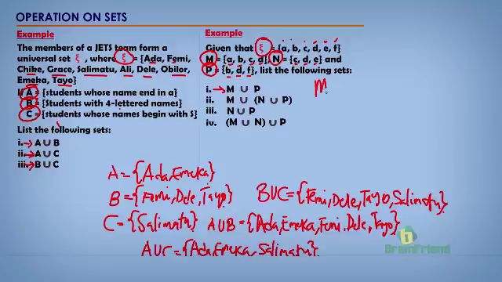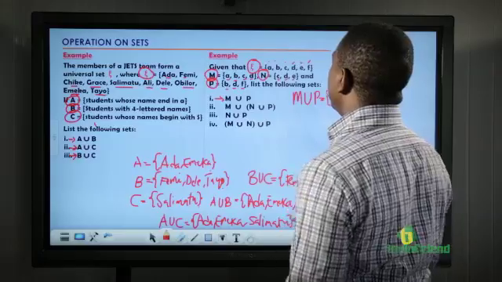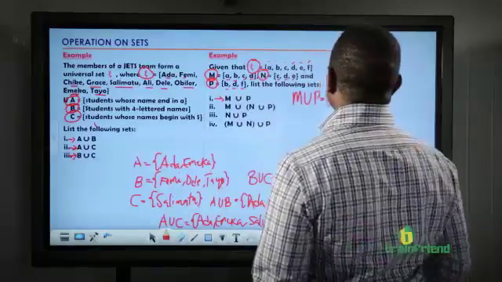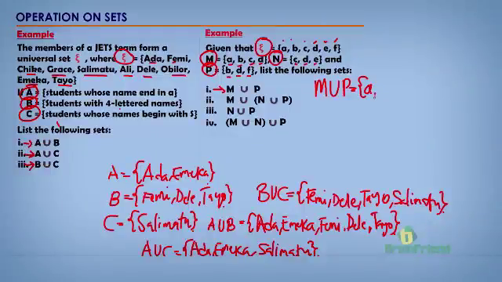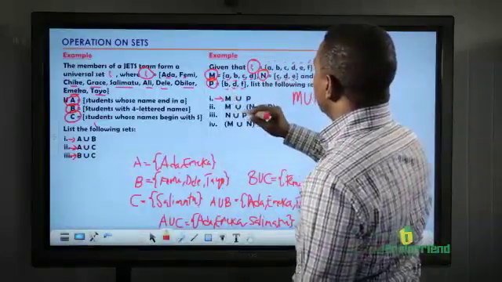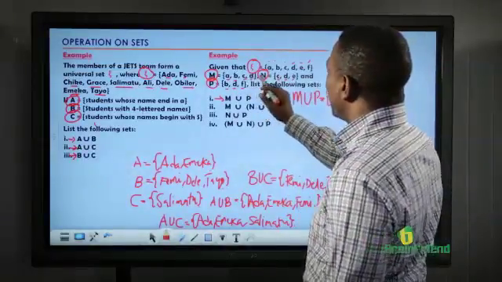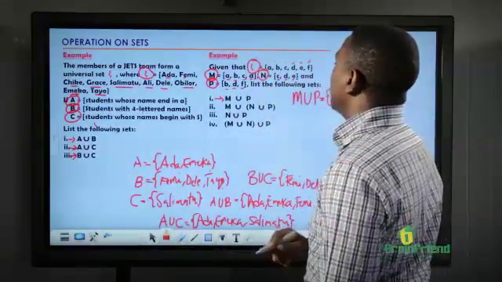M union P would be the set that has all elements present in M and also in P. If we listed out those elements, there would be A, B, C, D, all from our set M, while we have P with element F. We have elements B and D in P, but they are also present in M, and we learned earlier that we do not repeat elements in the union.